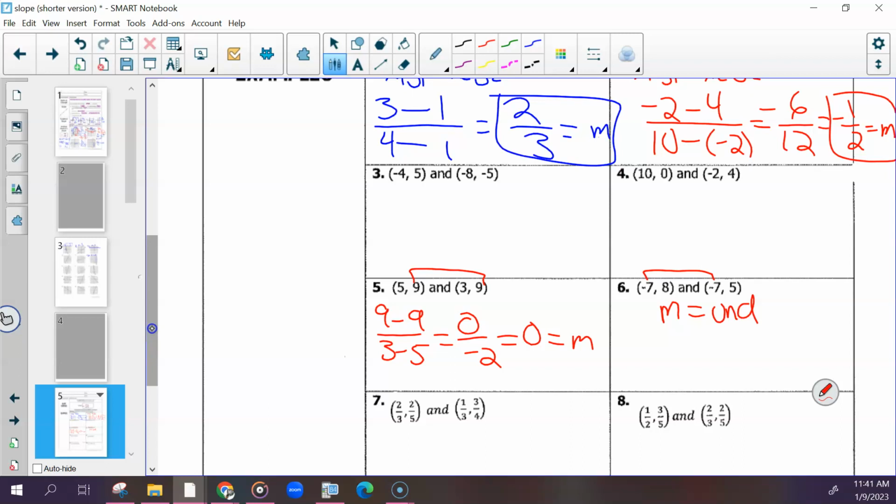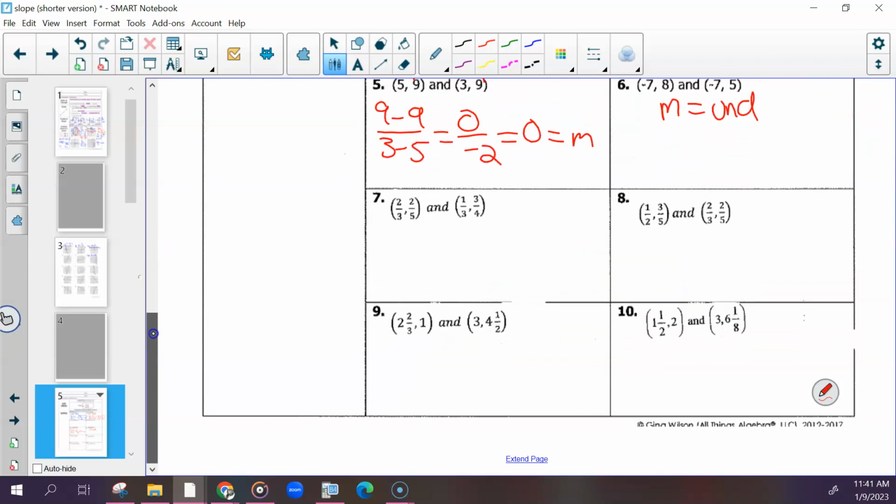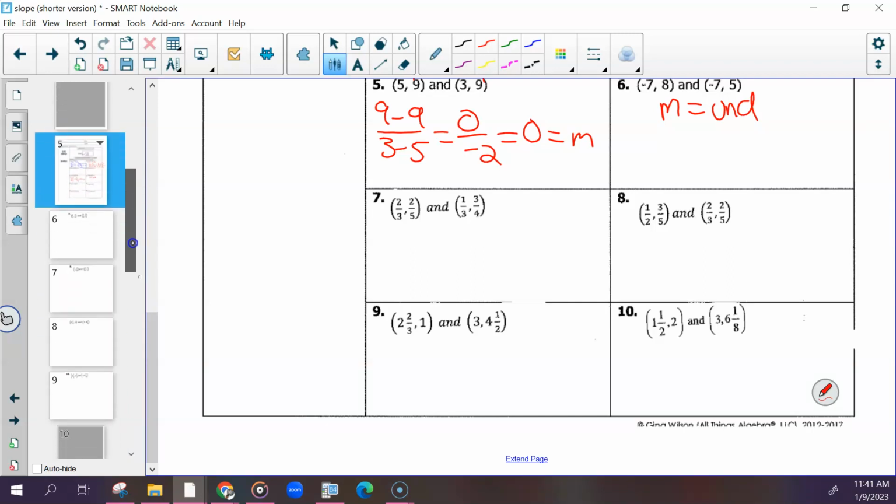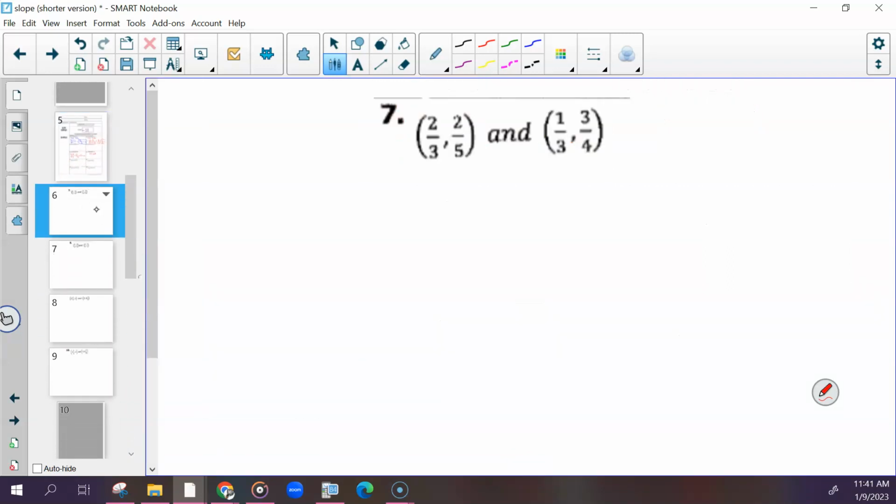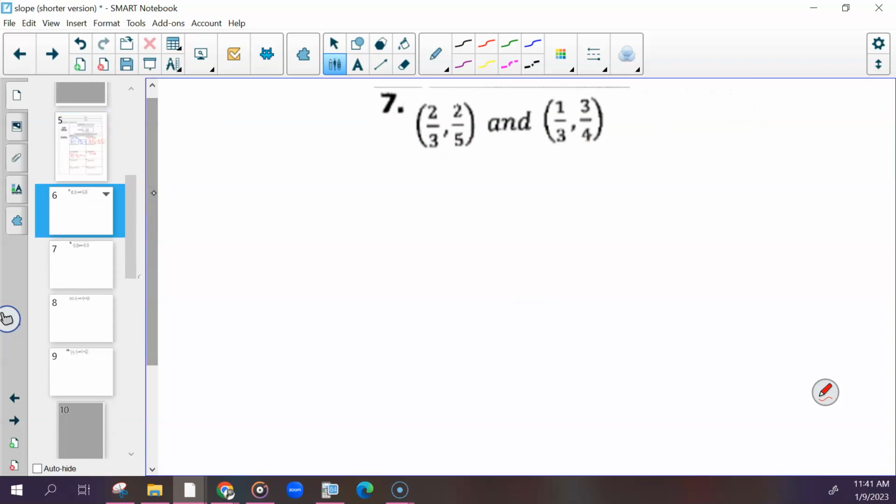And there are some ones down here with fractions. If that's not enough space for you, grab more paper so that way you have more space to write it. We're going to do 7 and 9. Even though it looks more complex, the process is still the same.